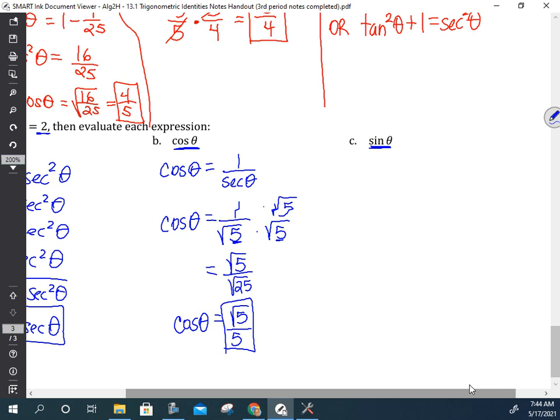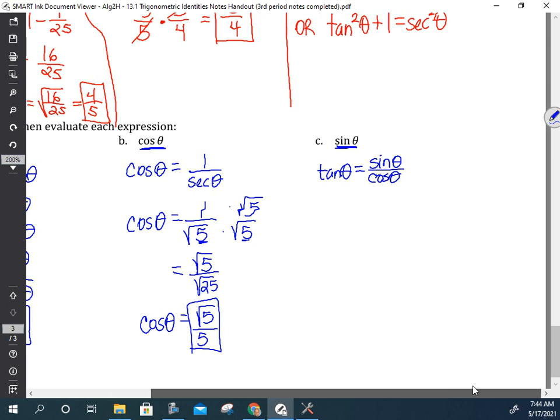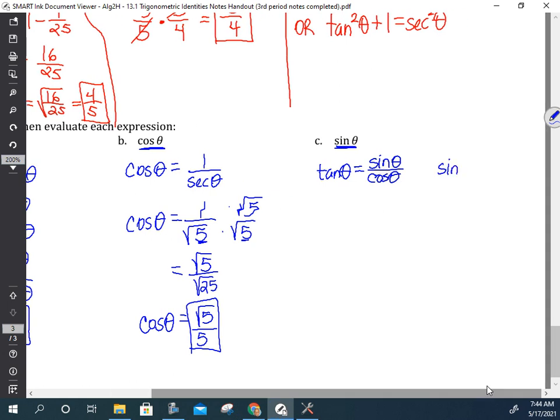Since we know tangent and cosine, we can use the property that tangent theta is equal to sine theta over cosine theta. Since we know what cosine is equal to, we could also use the property sine squared theta plus cosine squared theta equals 1. So in both cases, we have a couple of options that we can use.